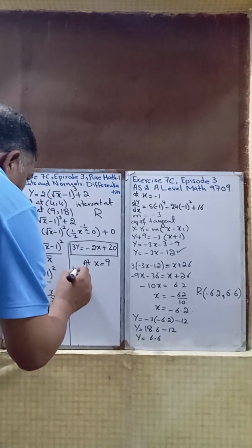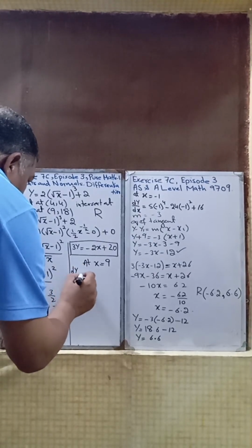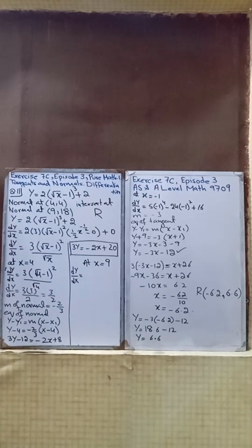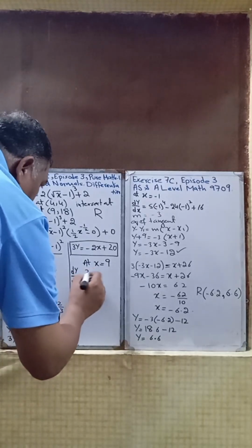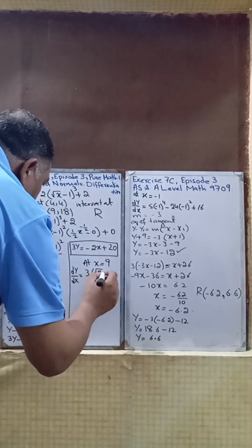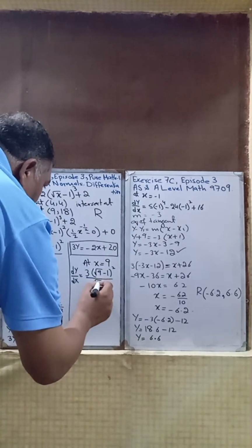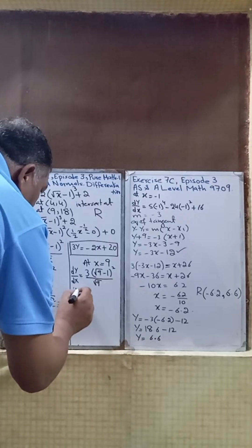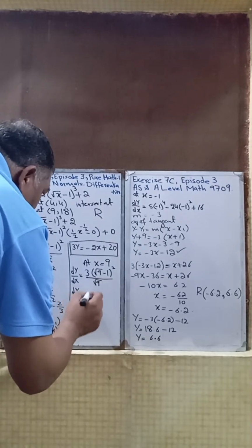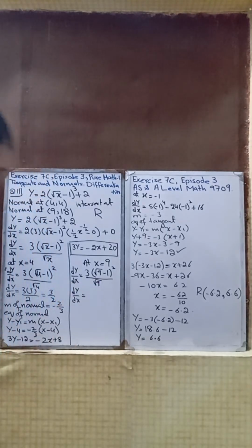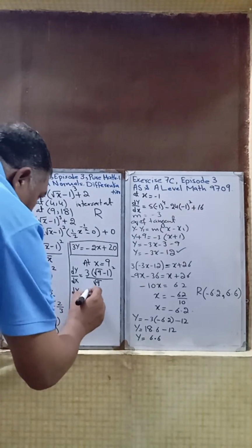So I will put those values here. dy by dx will become 3 and bracket under root 9 minus 1, its square, divided by under root 9. So dy by dx will be equal to, this is 3 and 3 will be cancelled. So 3 minus 1 is 2, 2 square is 4.